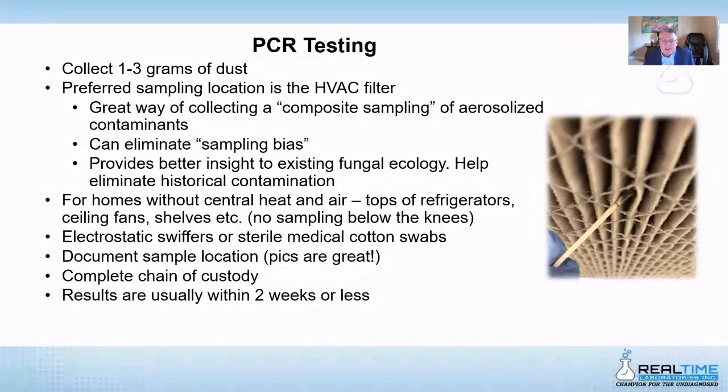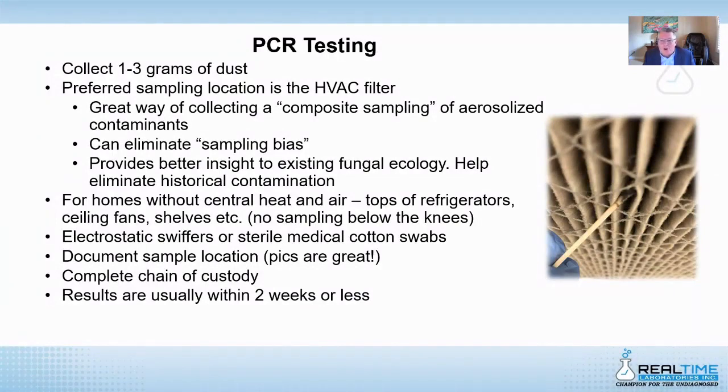Either we hit a spot that's just really super dusty, like underneath the refrigerator, which hasn't been cleaned out for 3 or 4 years, or you hit a spot on a shelf that may have months and months of dust buildup, and it may not really give us an indication of what the inhalation risk is. By sampling from the HVAC filter, that does that for us.